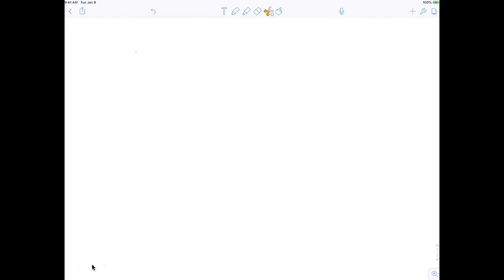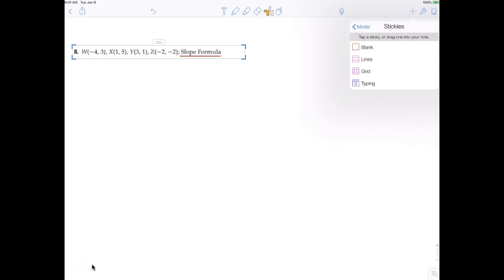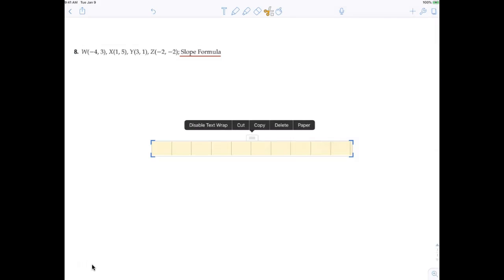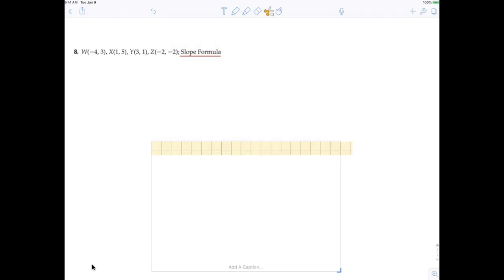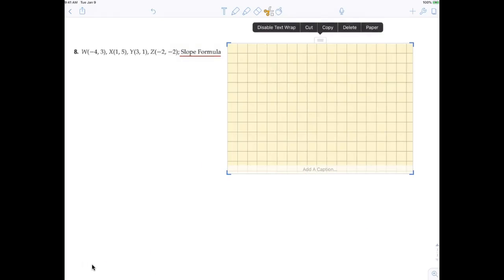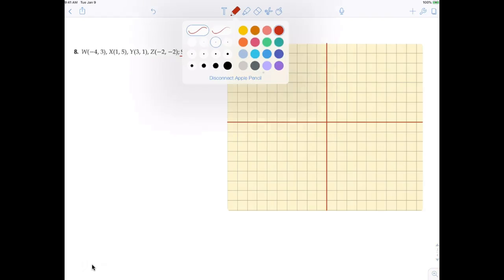And then we'll add all right, so let's make the X and Y axis here just so you can see it. Now let's go ahead and graph this.